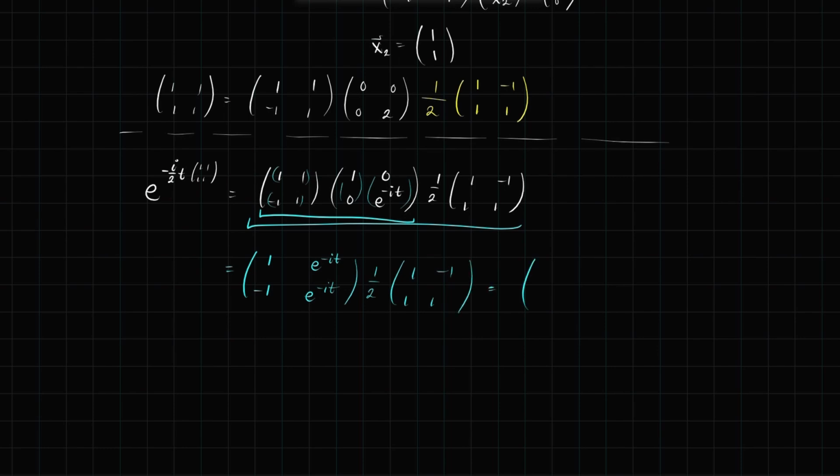This is going to give me all rows against all columns. 1/2, looks like I have 1 plus e to the minus it, and then I have negative 1 plus e to the minus it. I have negative 1 plus e to the minus it, and I have 1 plus e to the minus it.